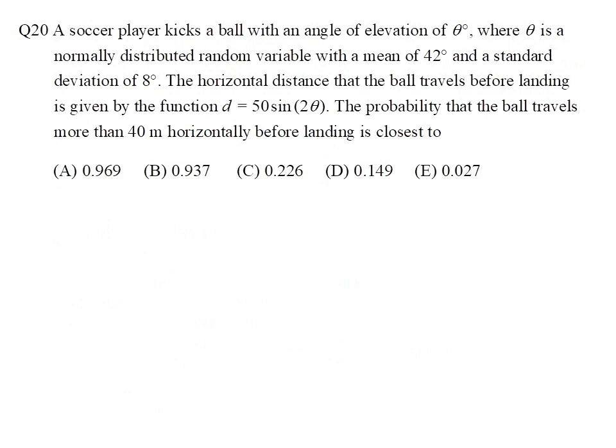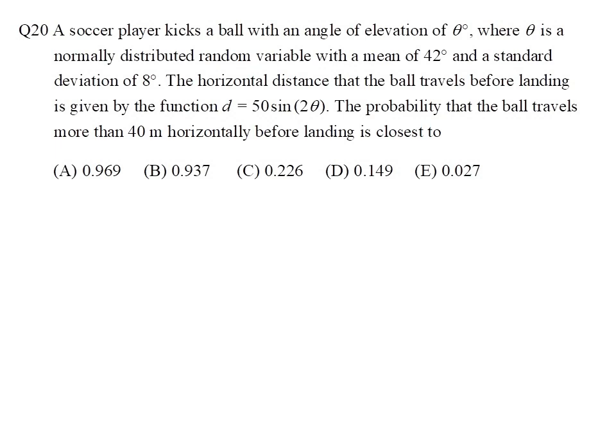In question 20, a soccer player kicks the ball with an angle of elevation of theta degrees, where theta is a normally distributed random variable with a mean of 42 degrees and a standard deviation of 8 degrees. The horizontal distance that the ball travels before landing is given by the function d equals 50 times sine of 2 theta.